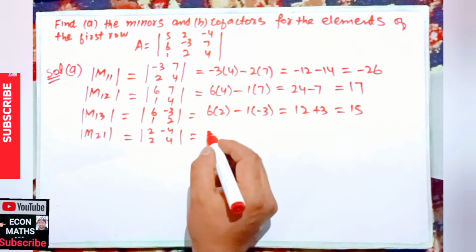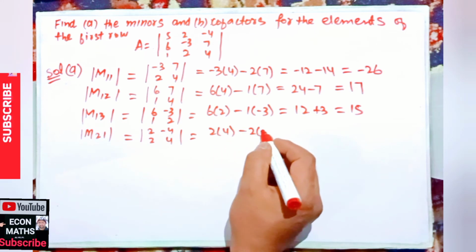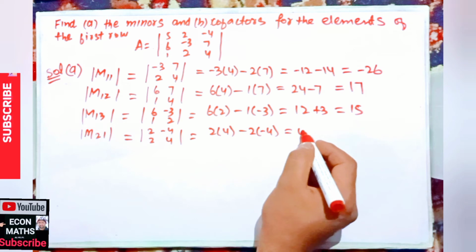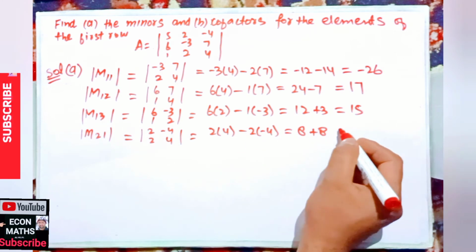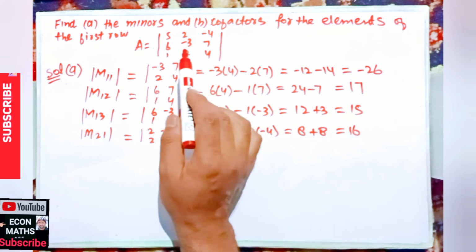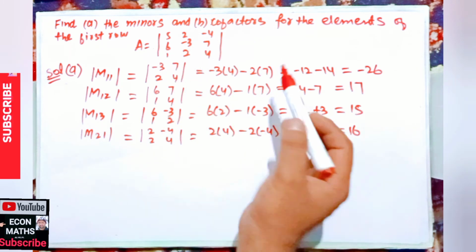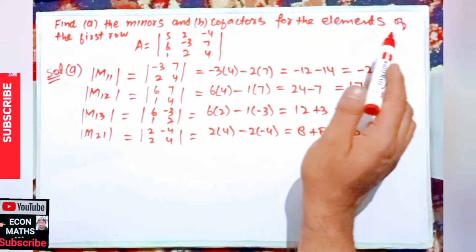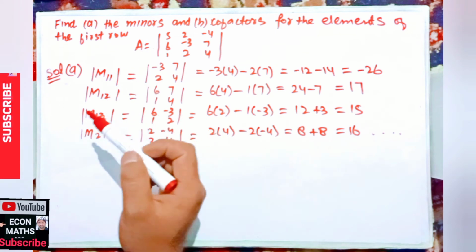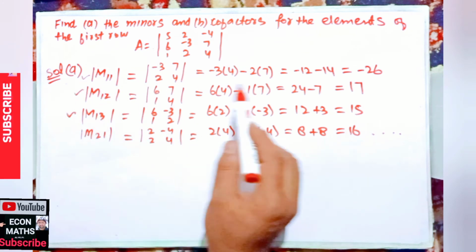Now solving this, this is 2 into 4 minus 2 into minus 4. So this is 8. Now minus is plus, this is plus 8, this is 16. Similarly we can find the minors M22, M23 and so on. Now you can calculate the others, because we were told to find the minors along the first row. We have completed this; these three elements are on the first row.